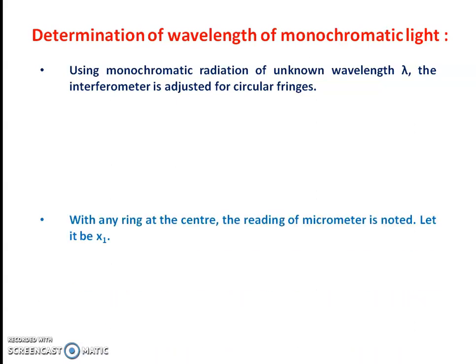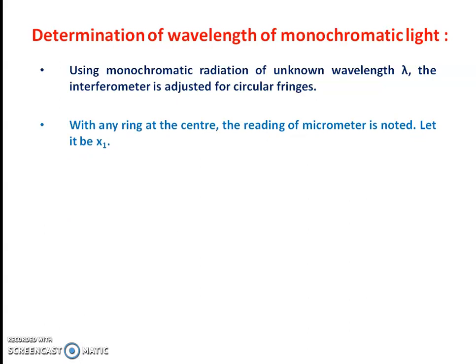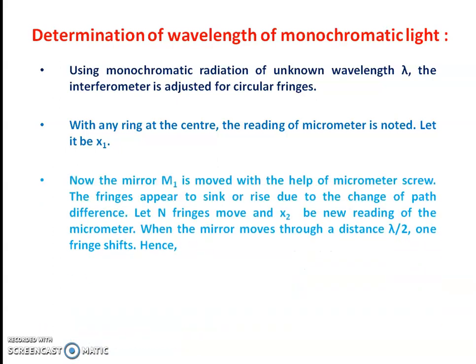This is done first. Then with any ring at the center, the reading of the micrometer is noted. Let it be x1. Now the mirror M1 is moved with the help of the micrometer screw, and the fringes will appear to sink or rise due to the change of path difference.